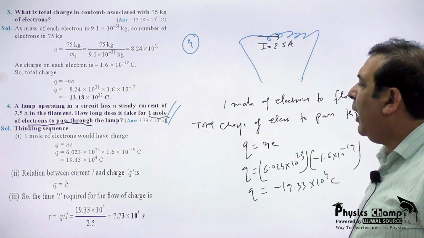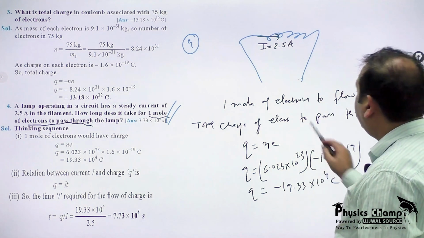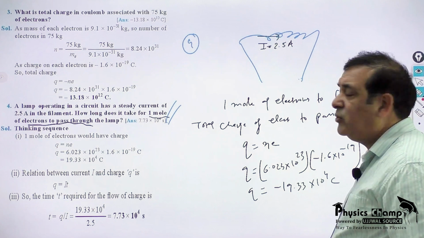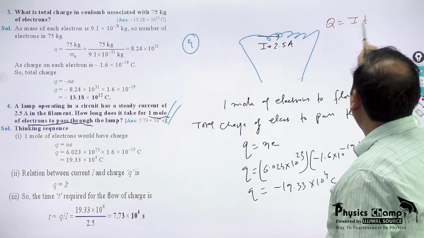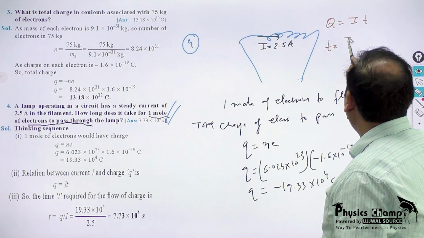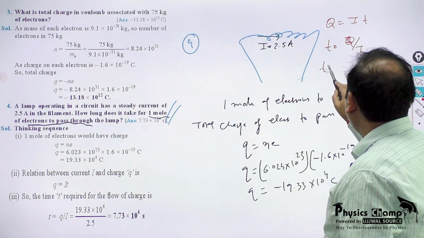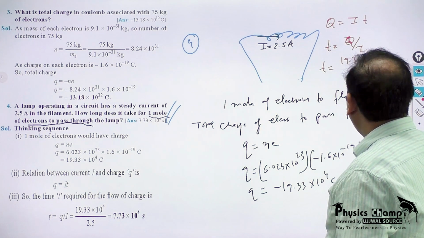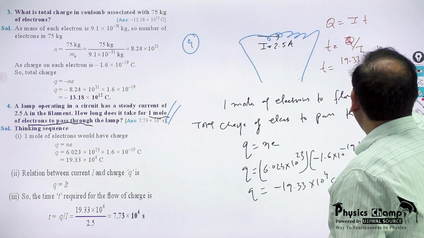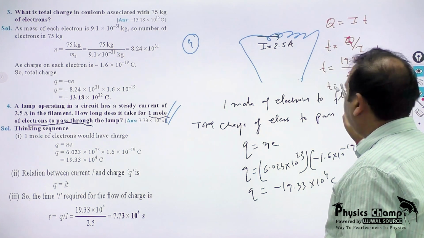Now the question is, how long will it take? How much time will it take for this much charge to flow? I have the relation Q is equal to IT. I want the time it will take, so t is charge divided by I. The charge to flow is 19.33 into 10 to the power 4, and the current flowing is 2.5 ampere.